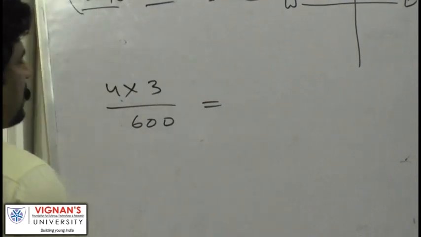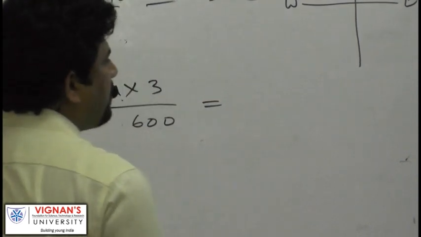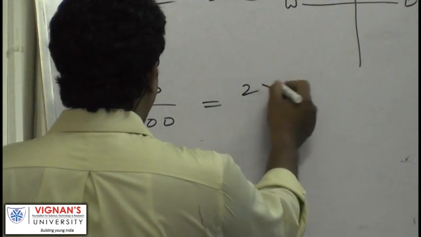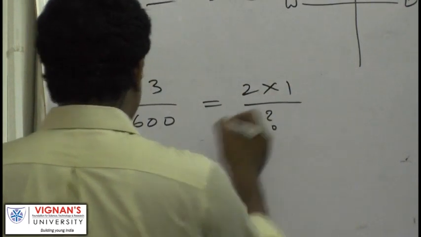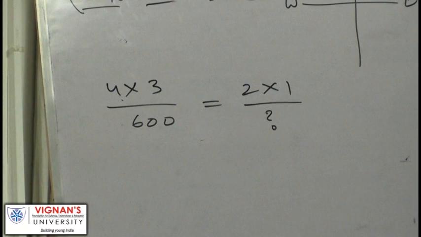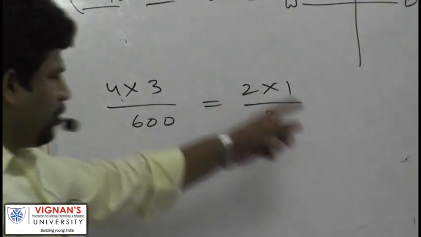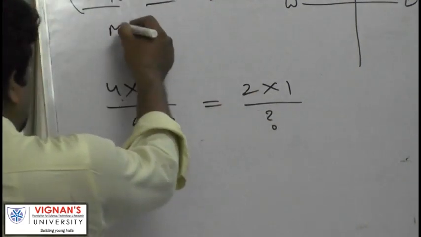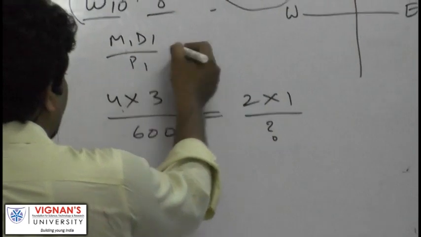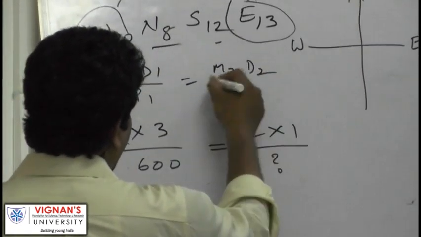Now what is the question asked? How many letters can 2 typists type in one day? M1 D1 by P1 equals M2 D2 by P2.